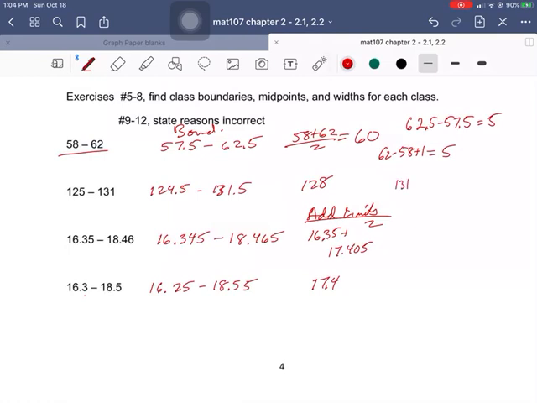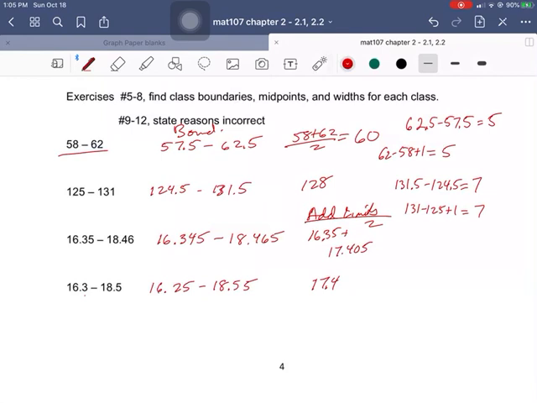Okay, so the next one would be 131.5 minus 124.5 equals 7. Or you can take 131 minus 125 plus 1 will also give you 7. So that way it gets a little tricky when you get into the decimals.